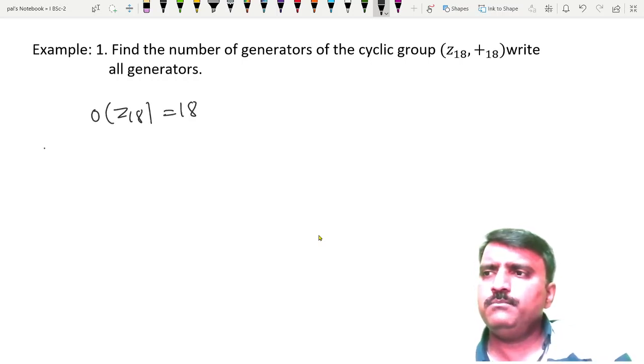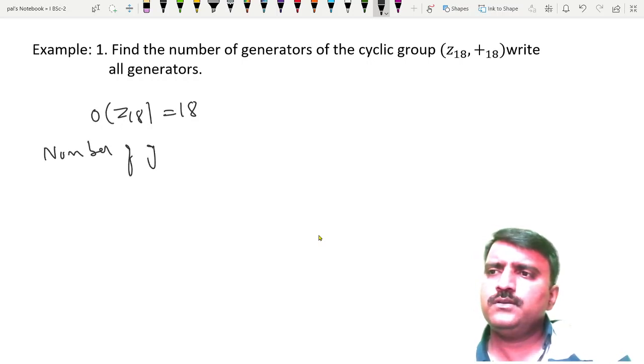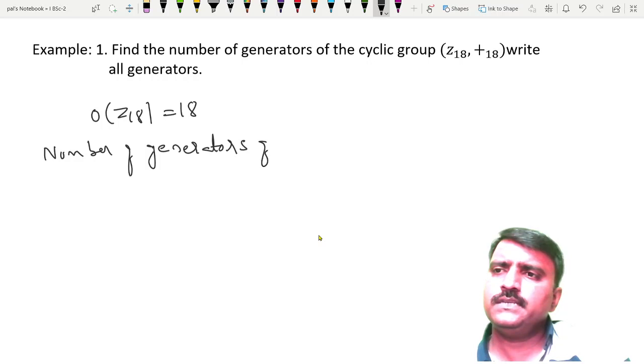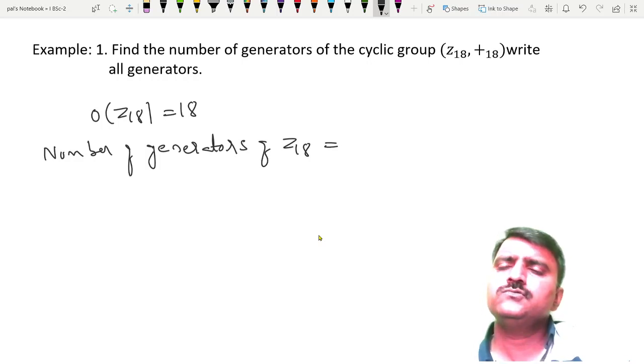So now the number of generators of Z18 is equal to, you can write, phi of 18.